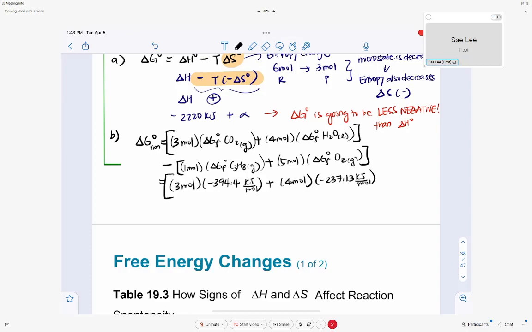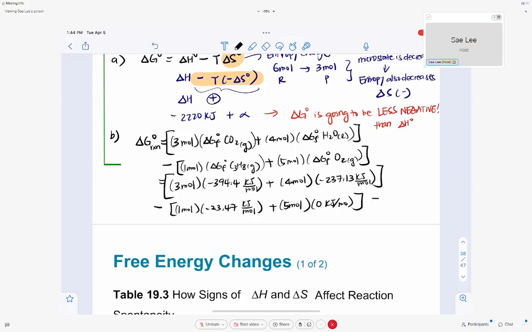This is all the products, minus 1 mole times standard free energy change of propane, which is negative 23.47 kilojoule per mole, plus 5 mole, and the standard free energy change of oxygen gas is 0 kilojoule per mole.